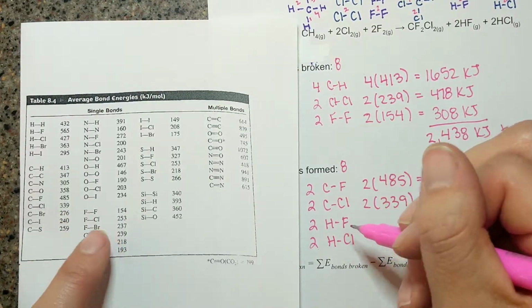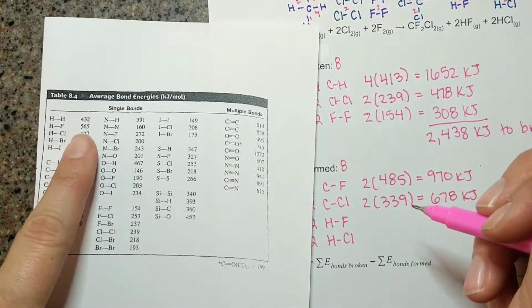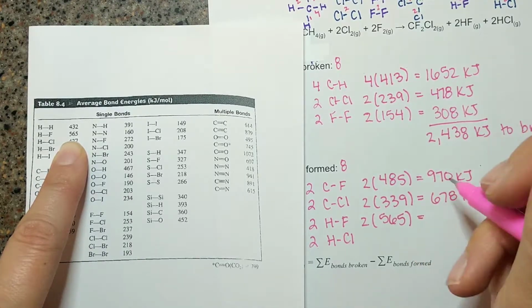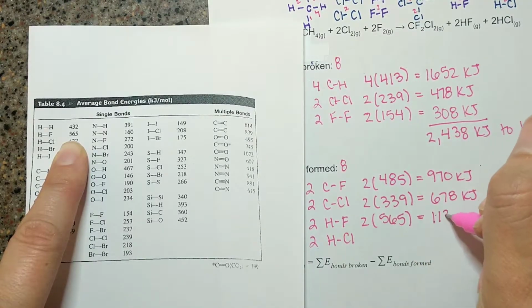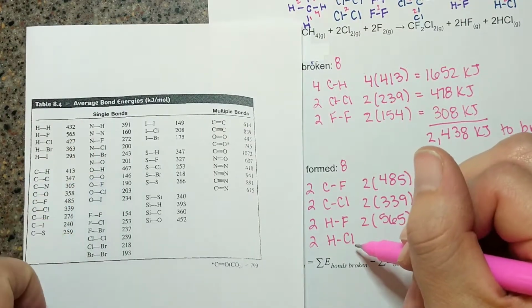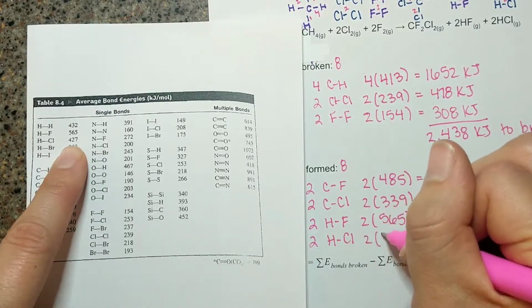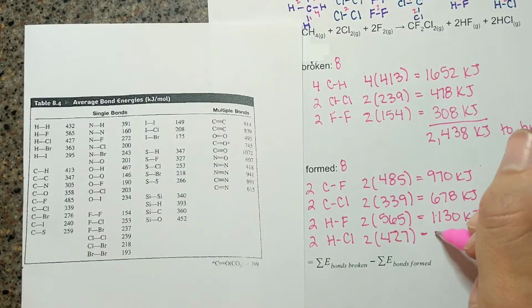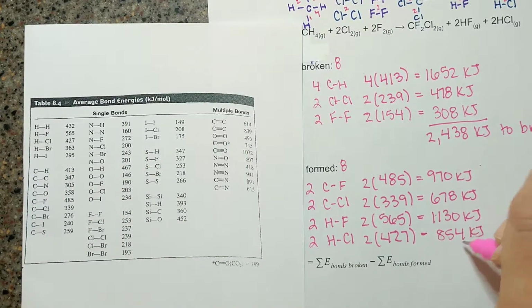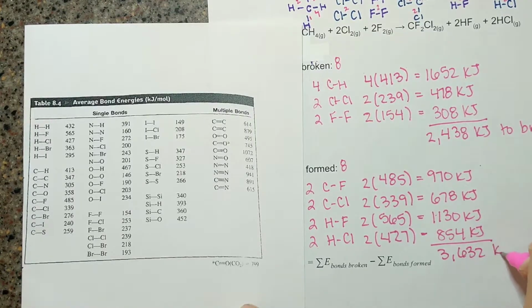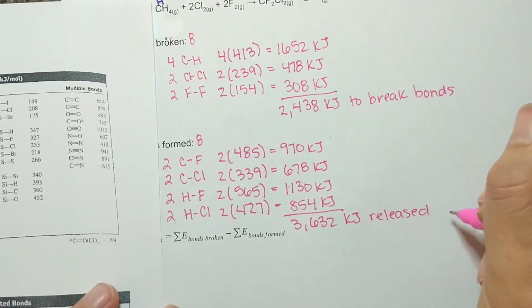I have 2 hydrogen-fluorines, 565, which is 1,130 kilojoules. And then I have 2 hydrogen-chlorines, 427, which is 854 kilojoules. So adding those up, there is 3,632 kilojoules of energy released when bonds are formed.